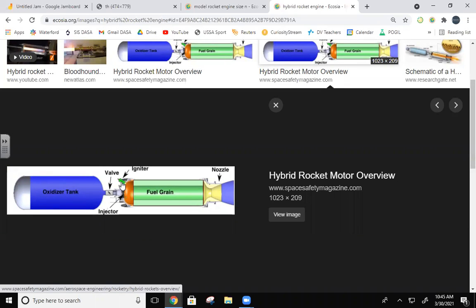So the advantages of this: it's lighter than a liquid fuel engine. It is throttleable. You can control how much thrust you get out of it because you can open the valve or close the valve. You can restart it.